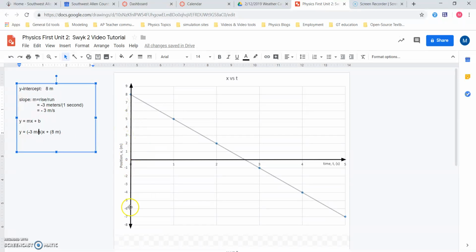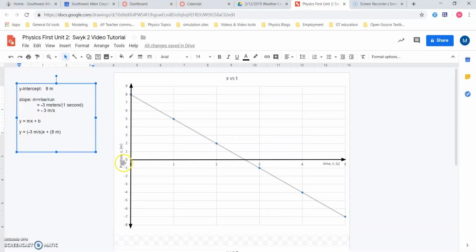Look at the y-axis. The y-axis is not y in this case. In math class, the vertical axis is y. But in physics and science, the vertical axis represents something. It has some kind of meaning. And if you look at the vertical axis, that's position.